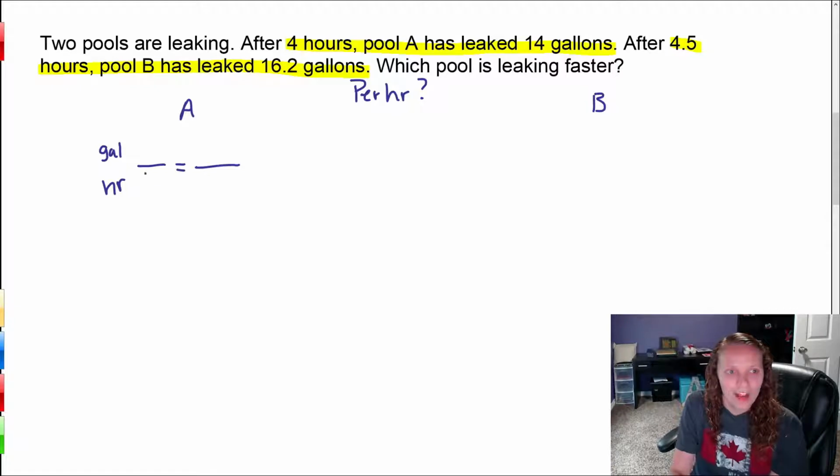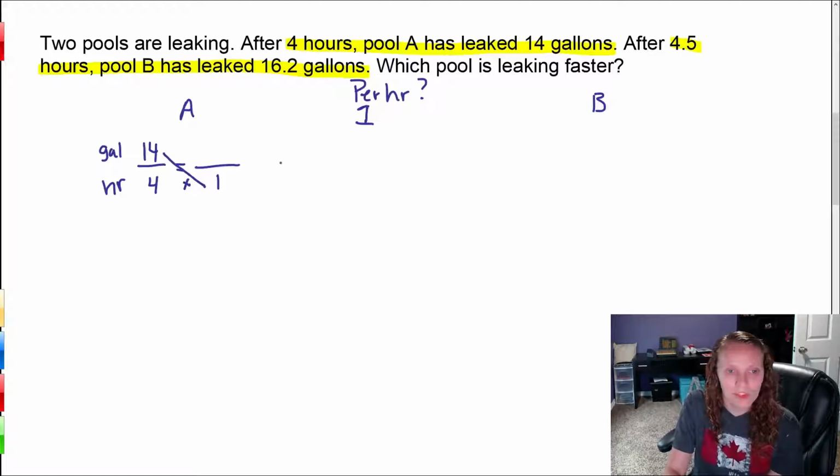And 4 hours, so I'm going to put the 4 next to hours, and then 14 gallons. Those two numbers go together. And remember, for unit rate, a denominator of 1. So across from hours, since we're figuring out per hour or for just 1 hour, I want to put 1 across from hours. And then we're going to crisscross multiply.